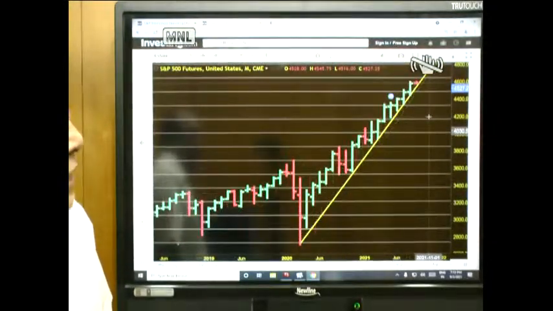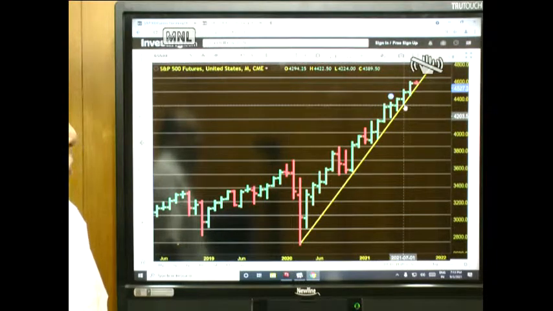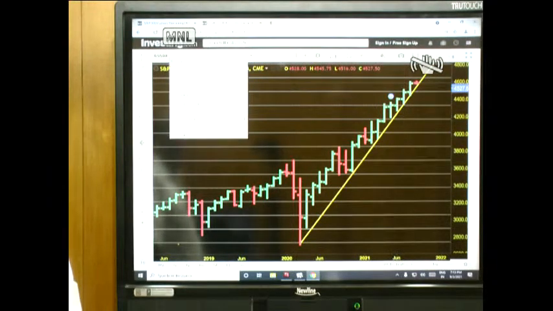Now, one thing we can identify very clearly is this bottom. Sorry, we'll put the Nifty here. Sorry.